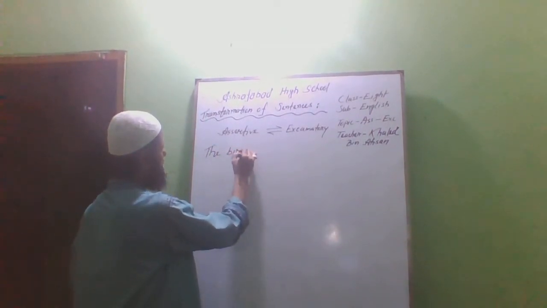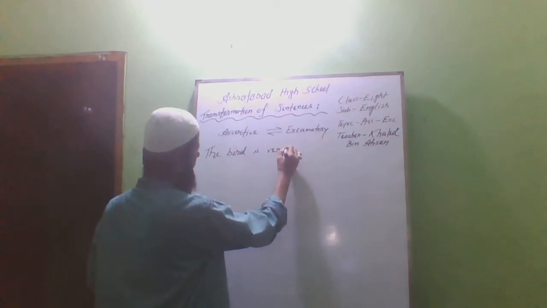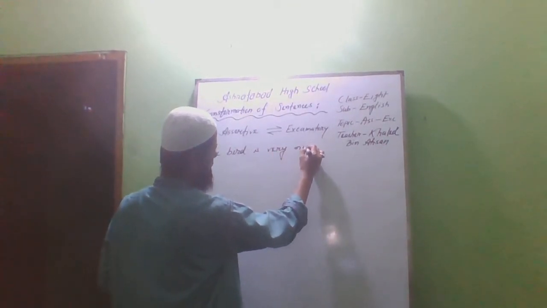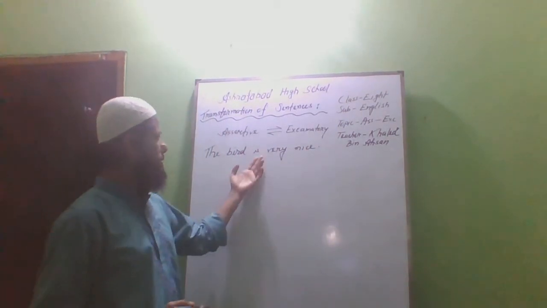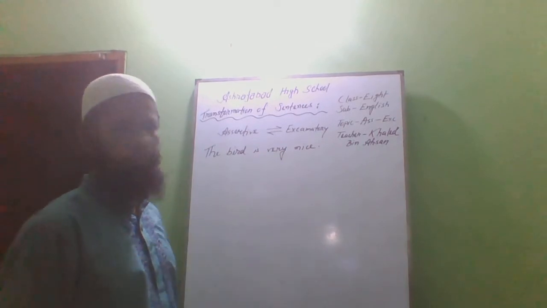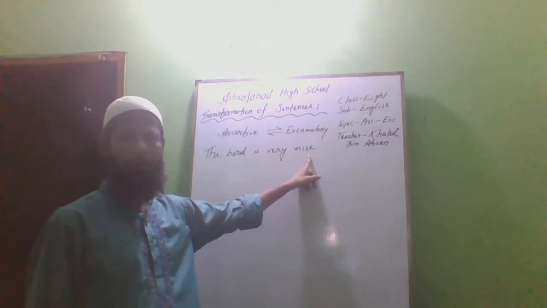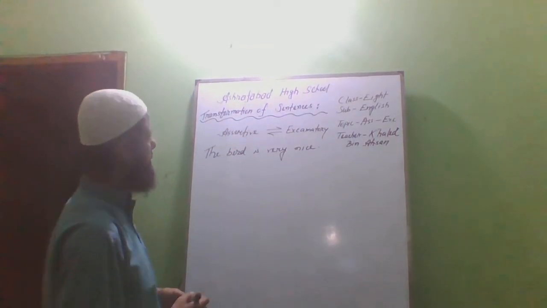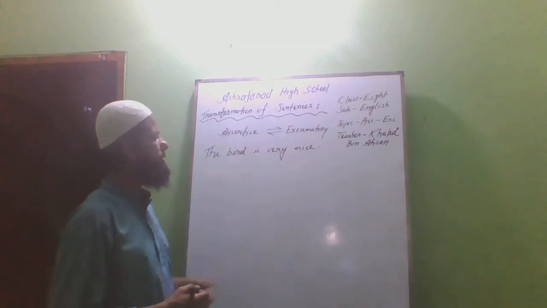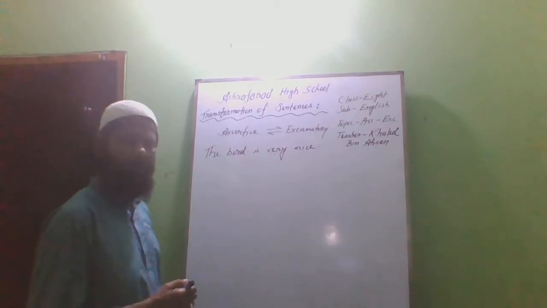The bird is very nice. This is an assertive sentence. The bird is very nice. Now we should change it into an exclamatory sentence.